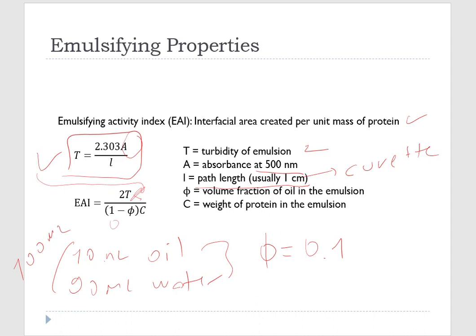This will become 0.9, because the volume fraction of the oil is 0.1 here. And if you know the weight of the protein in the emulsion, you can calculate the emulsifying activity index. Okay, that's it.